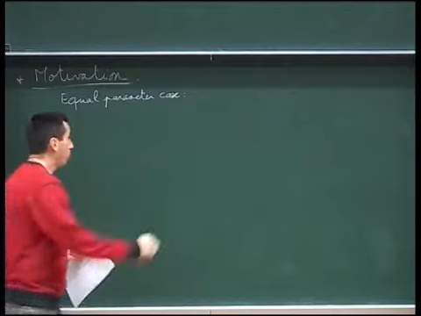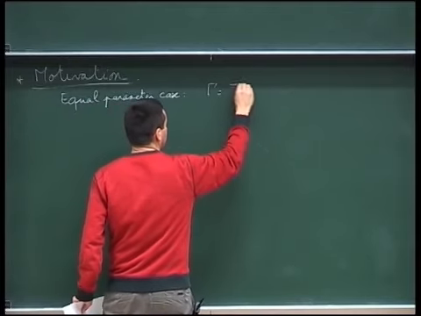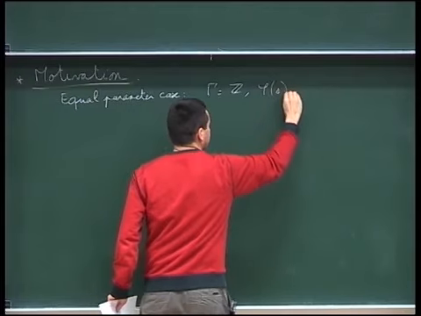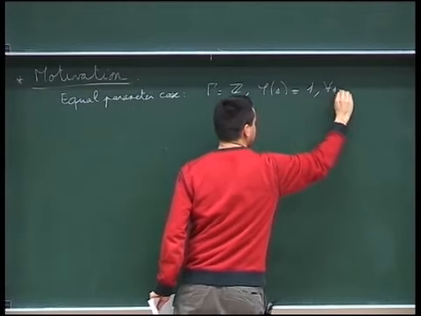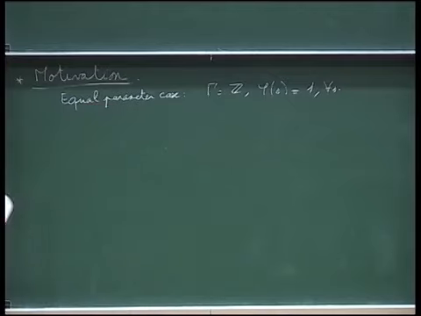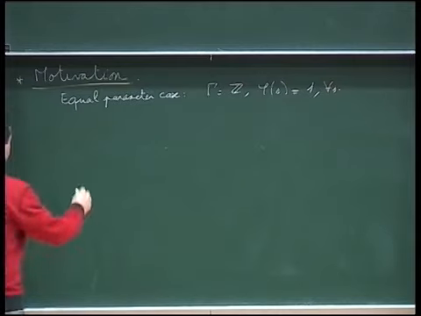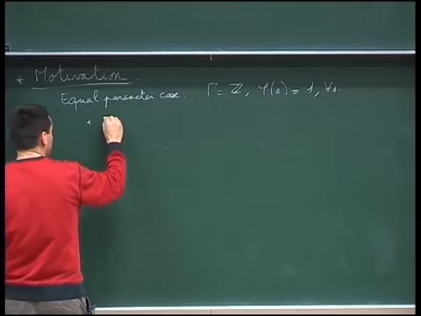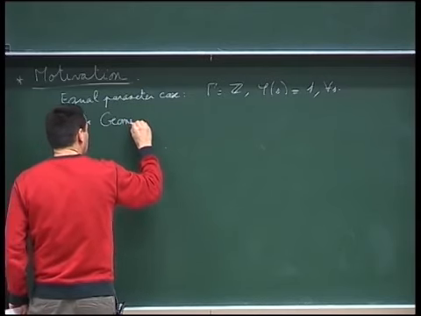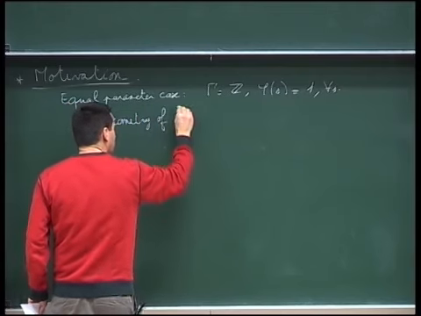In the equal parameter case, I mean that gamma is equal to Z and phi of s is equal to 1 for all s. So you recognize a one-parameter Hecke algebra. So in this case, there is a link with the geometry of Schubert varieties.